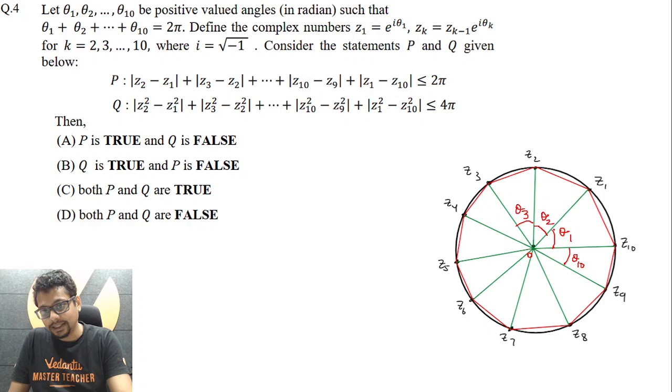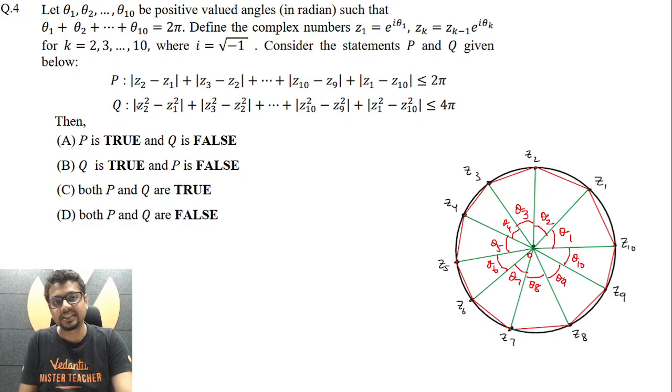Here theta 1 plus theta 2 plus theta 3 and so forth plus theta 10 essentially is 2 pi. So clearly, the point representing Z10 when joined with the center of the circle, which is a unit circle centered at origin, will be on the real axis.